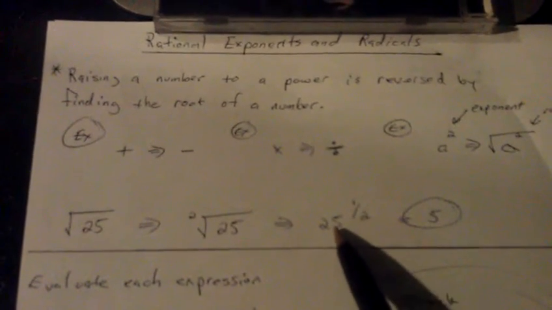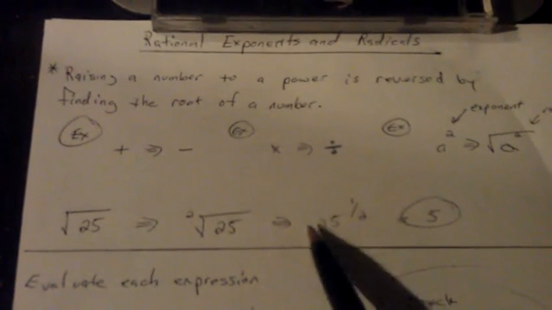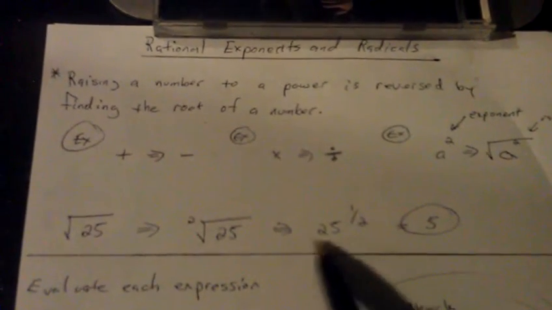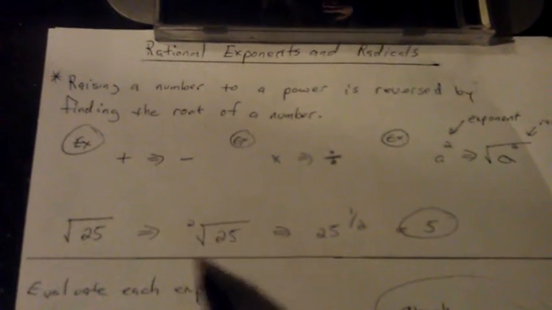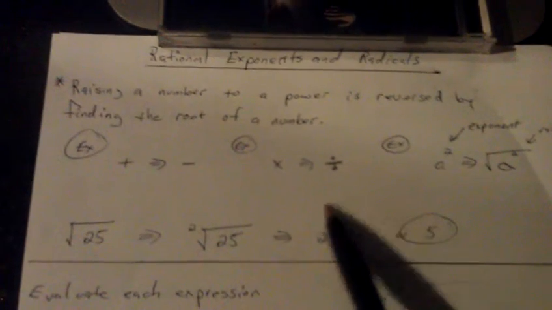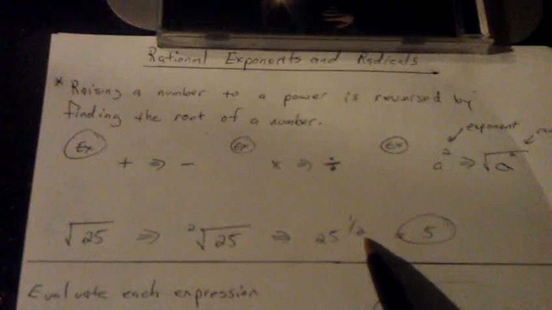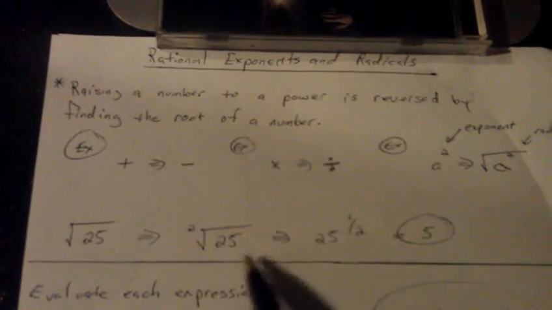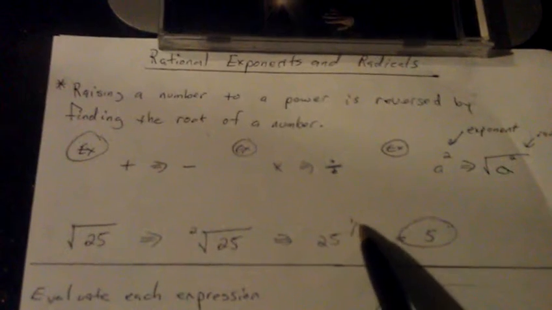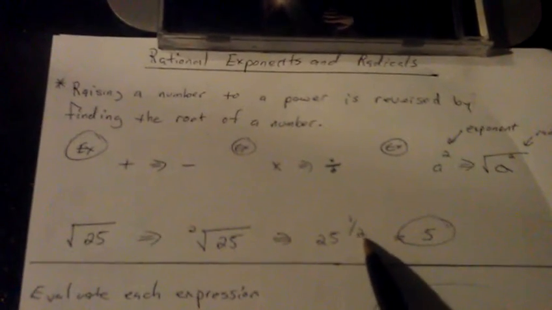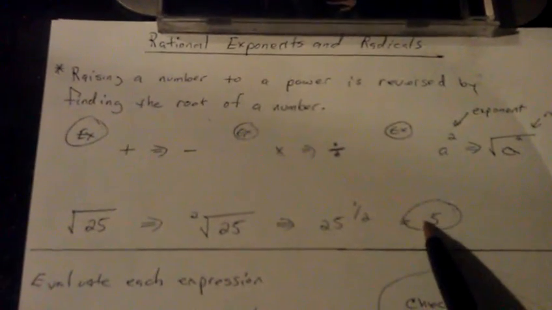This can be thought of as the square root of 25. We can write the square root of 25 like this, and we also can write it with a 1/2 power. So the square root of 25 is 5. The square root, or 25 to the 1/2 power, should I say, is 5.